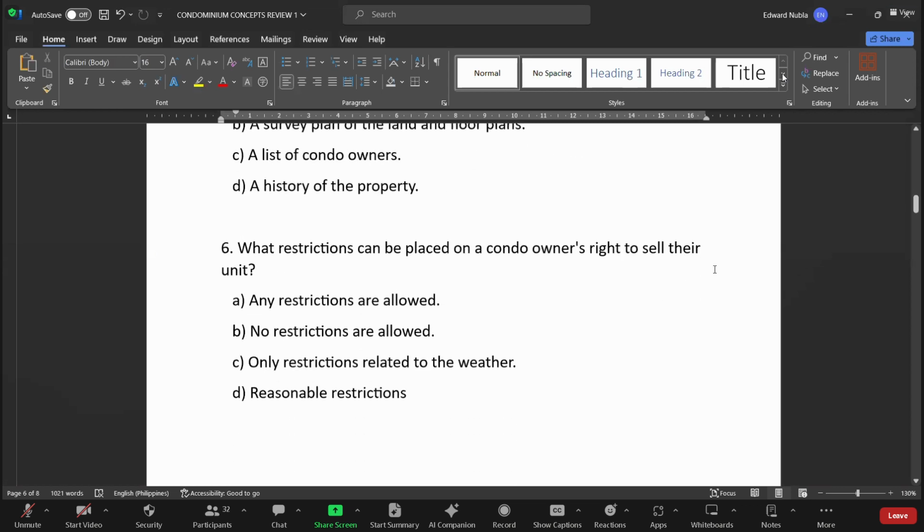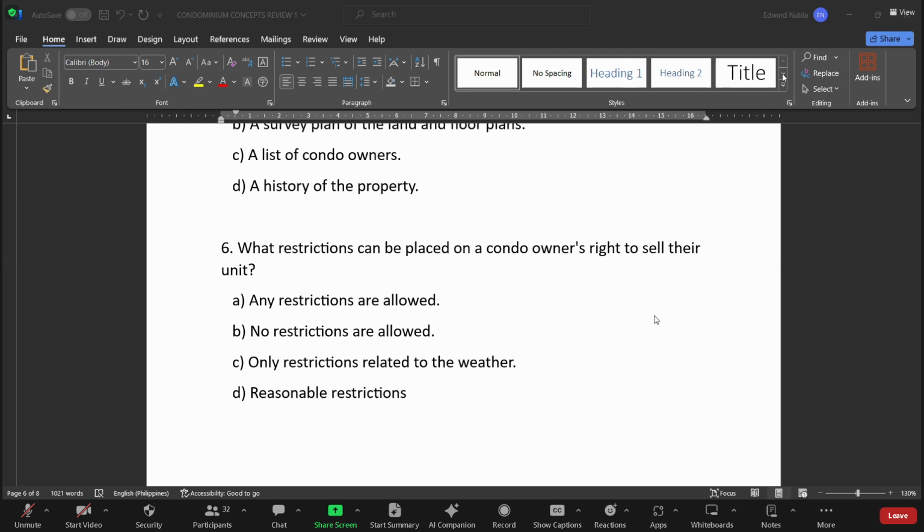Let's do 6 to 10. What restrictions can be placed on a condo owner's right to sell their unit? A, any restrictions are allowed. B, no restrictions are allowed.